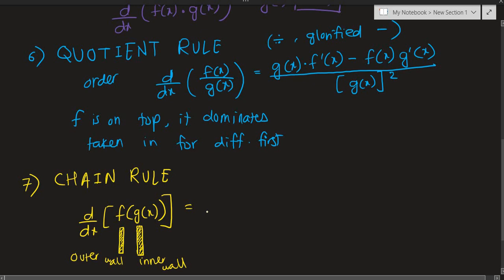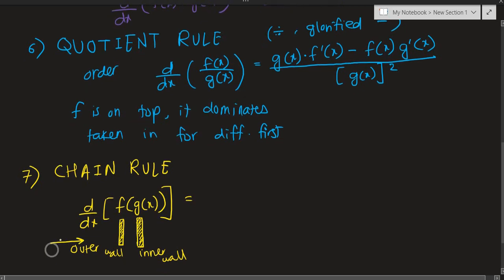So when you differentiate f of g of x, you can think differentiation is sort of shooting with a laser. So differentiation can be thought of as shooting with a laser. So what happens when you shoot a laser at a two wall system?